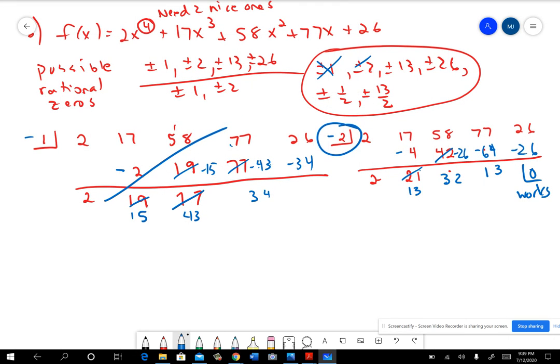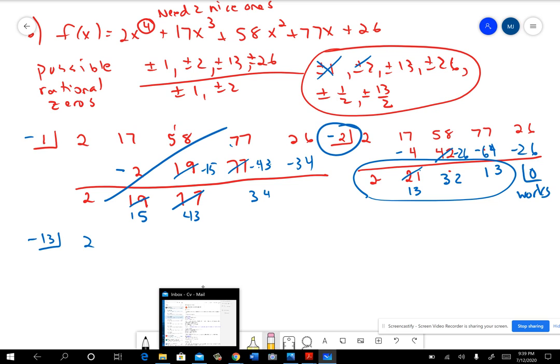Okay, so then we keep trying, and I don't like what happens when I try positive ones. Did you see how they just kept getting bigger and bigger? So I'm going to try a negative 13. Okay, and let me start from where I left off, which was the 2. So I'm looking from where I left off. In fact, I should just do it there.